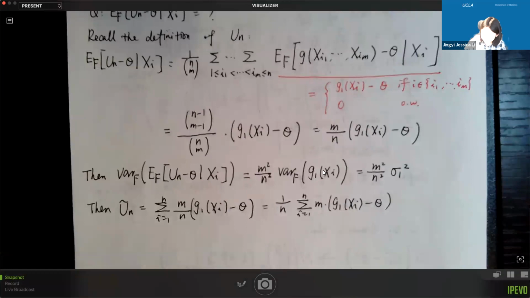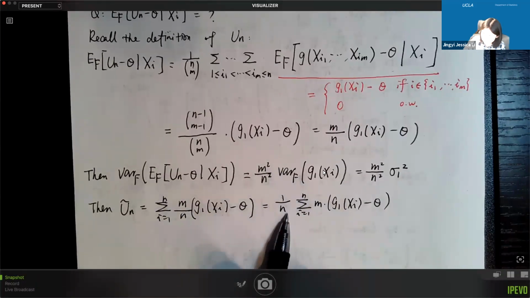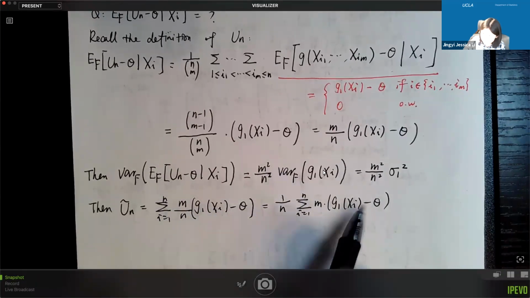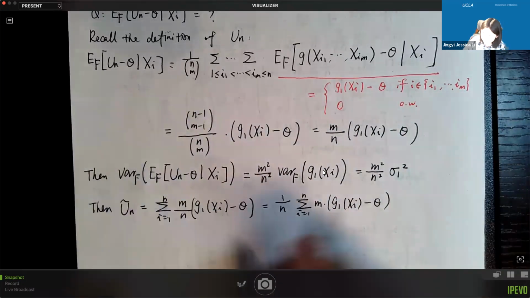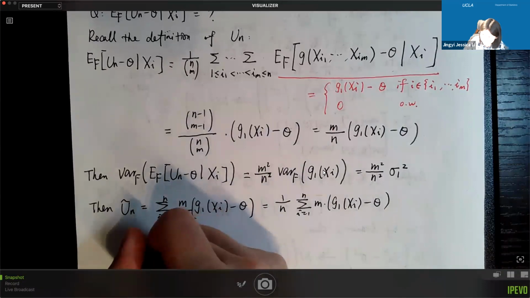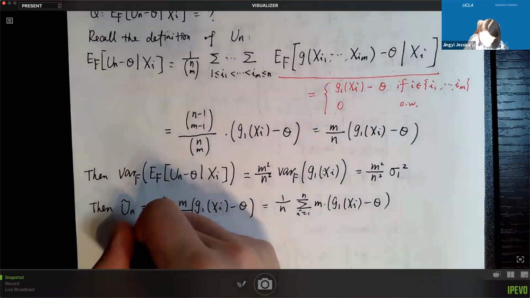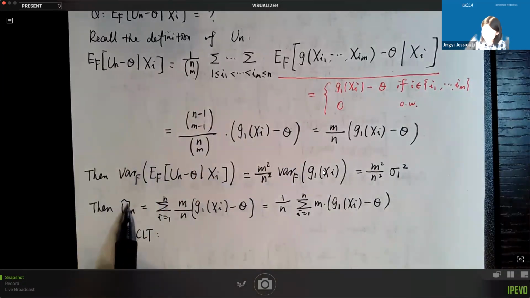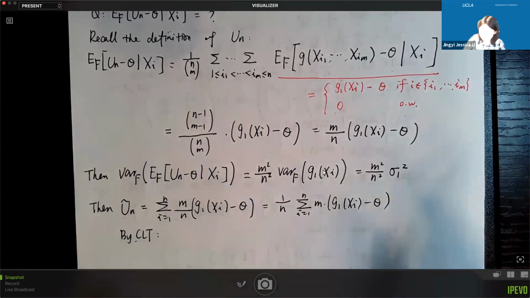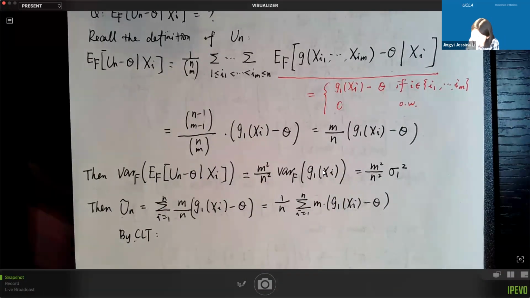So what do I do? So you see, by writing out this, I know by central limit theorem, they are IID. So by CLT, the central limit theorem applies to U tilde n, and itself is an average of IID. Yeah, this is where I should apply central limit theorem.